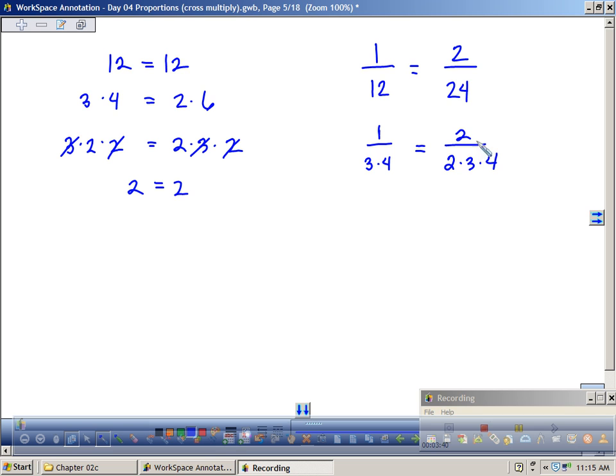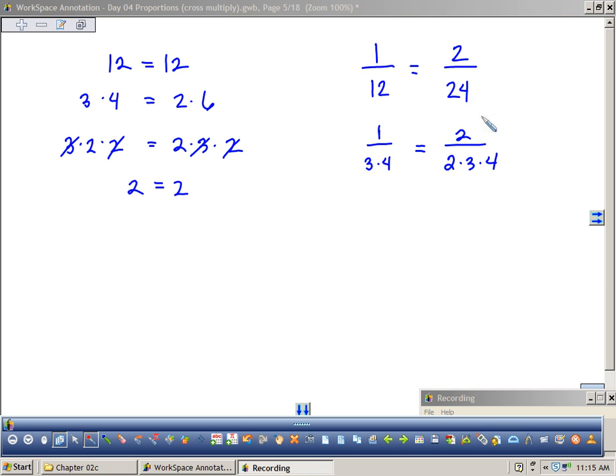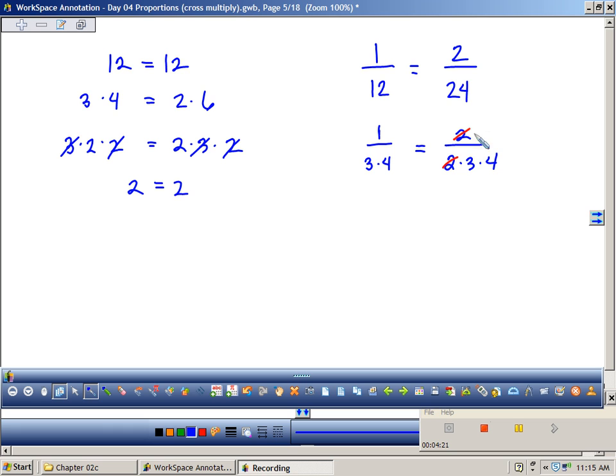Guys, pull it together. 2 over 3 times 2 times 4. Is that the same as this? Am I right? Now, I've taught you that 2 divided by 2 is 1. Right? Now don't I have the same thing still? Aren't they equivalent? 1 over 3 times 4, 1 over 3 times 4? Couldn't I also remove a 3 from both sides?